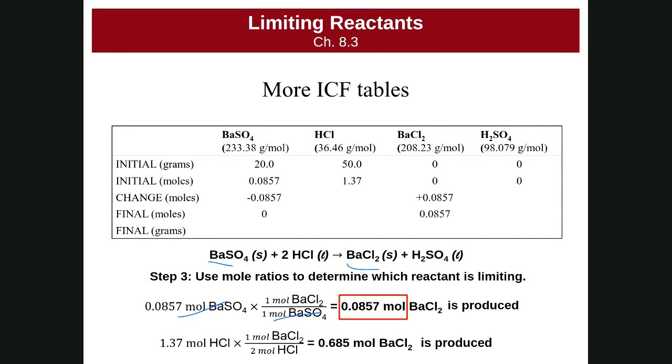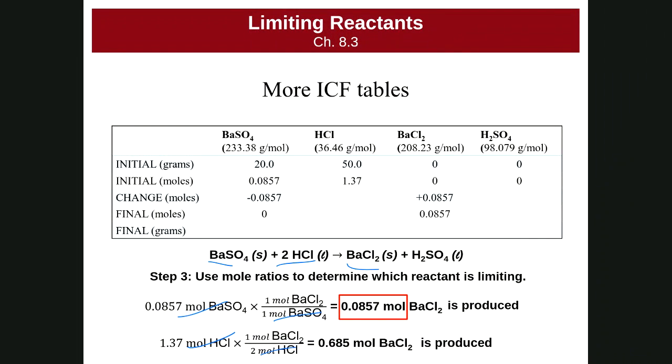So how much can we make from the hydrochloric acid? So hydrochloric acid has 2 moles in our balanced reaction. So that means that our mole ratio is 2 moles of hydrochloric acid per 1 mole of barium chloride.